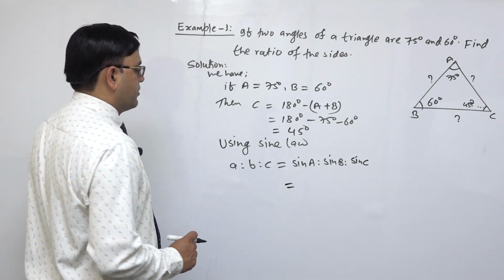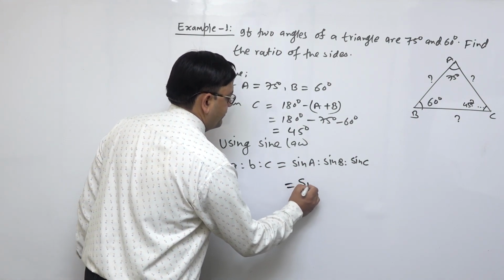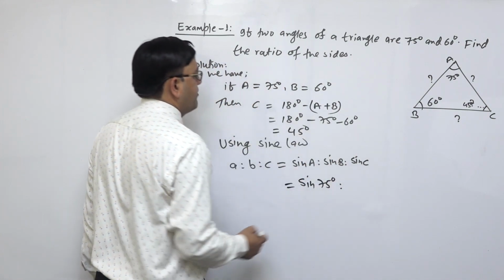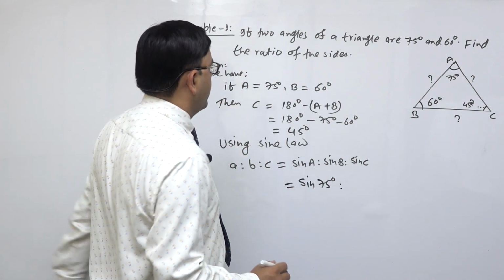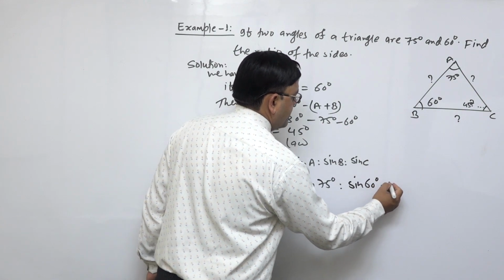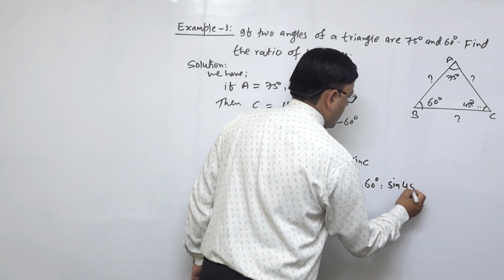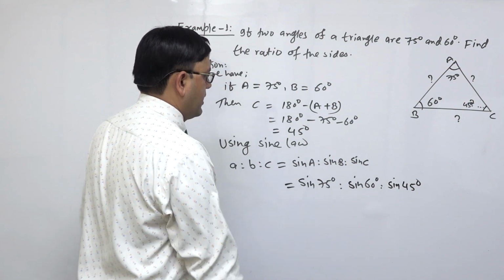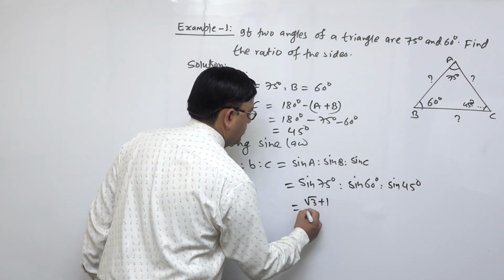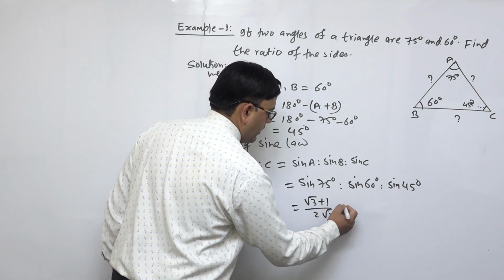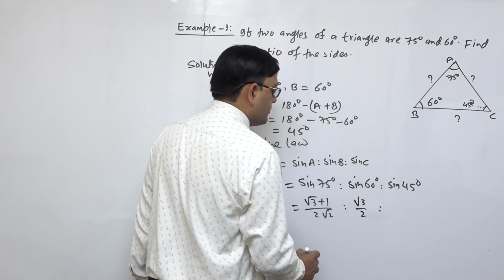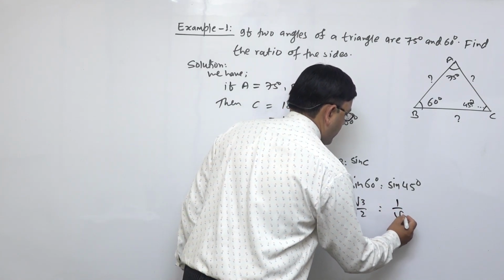So this is equal to sine A means 75 degree is to sine B, we know B is 60 degree, sine 60 degree is to sine C, sine 45 degree. And we know sine 75 degree is root 3 plus 1 by 2 root 2, is to sine 60 is root 3 by 2, is to sine 45 is 1 by root 2.